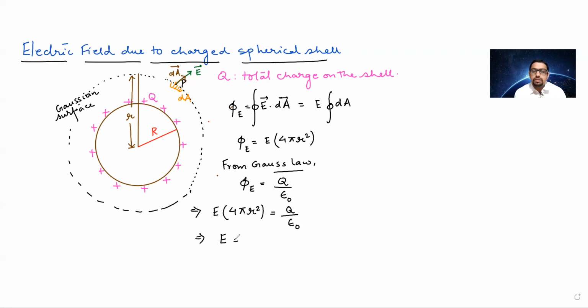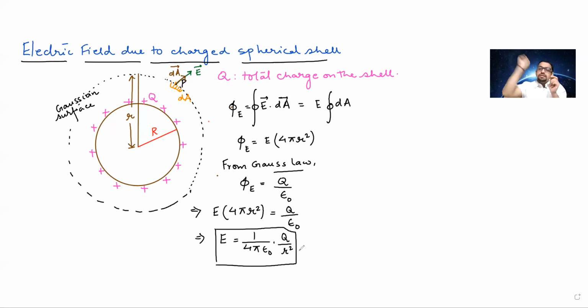So electric field is 1 over 4 pi epsilon naught Q by r squared. This is identically similar to a point charge Q, where at a distance r, you calculate the electric field, right?